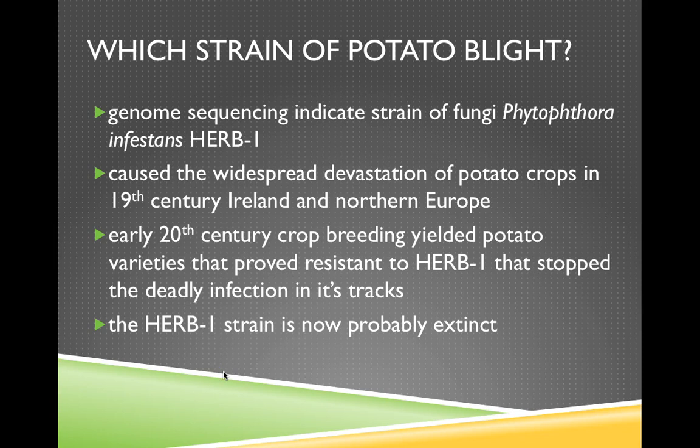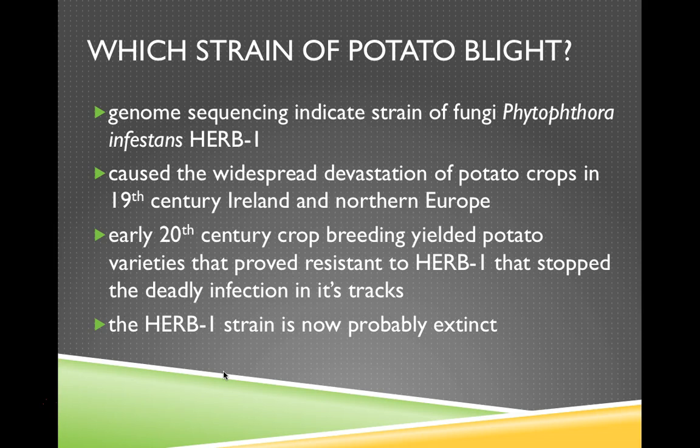In the 20th century, scientists tried to figure out which strain of potato blight did cause the Great Potato Famine. And it's now decided that there's a strain of fungi, Phytophthora infestans HERB1, that was the cause of that potato blight that destroyed the crops of the mid-19th century in Ireland and Northern Europe.